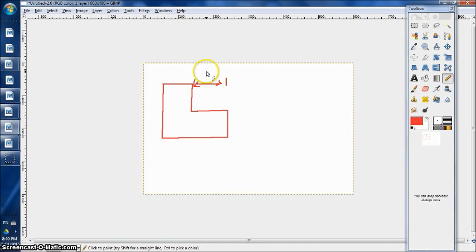Okay, and I've been told that this is my B and this is my A, as well as this over here is my X, and this length over here is my Y. So now I'm told to find the perimeter outside this shape.